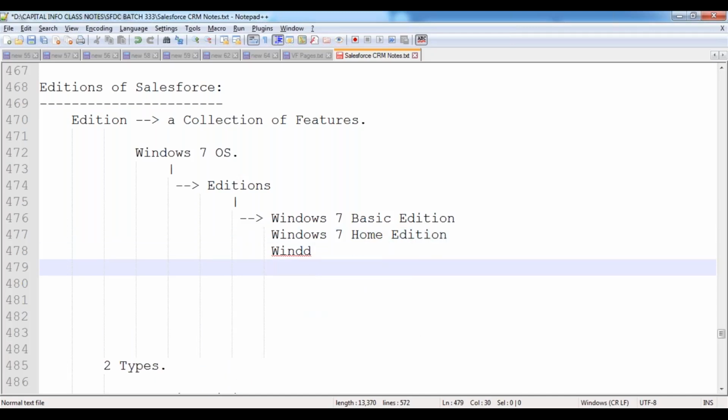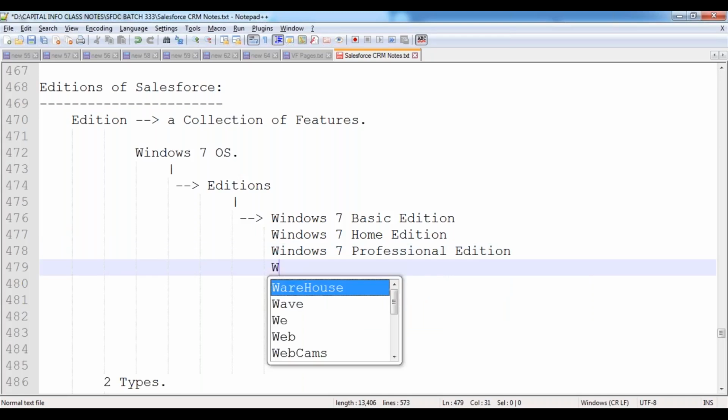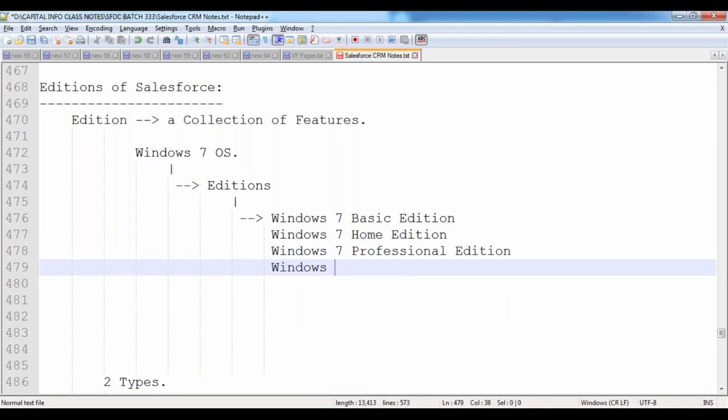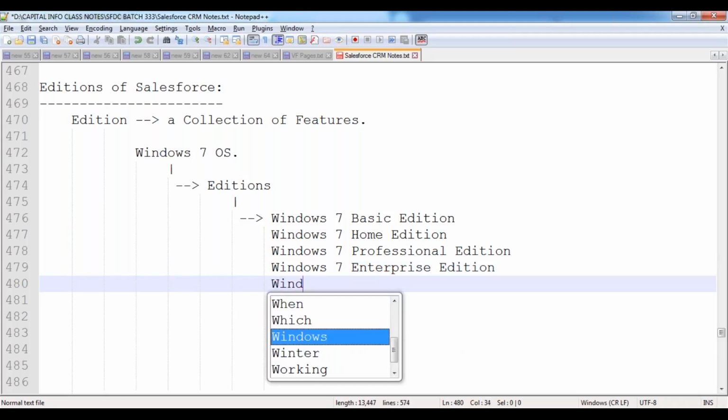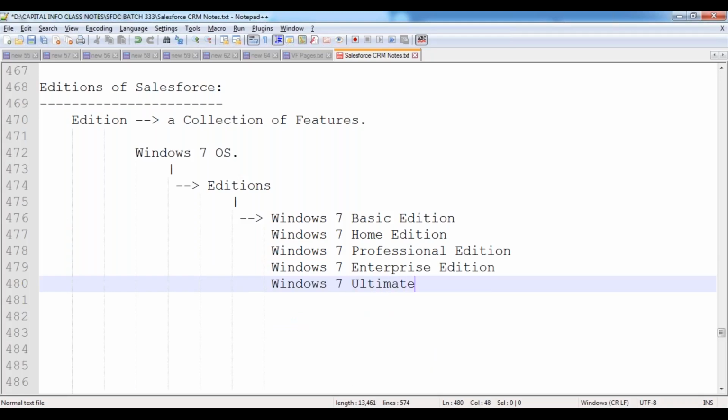Third one, Windows 7 Professional Edition. Then we have Windows 7 Enterprise Edition, and then Windows 7 Ultimate Edition. These are the various editions in the Windows 7 operating system.